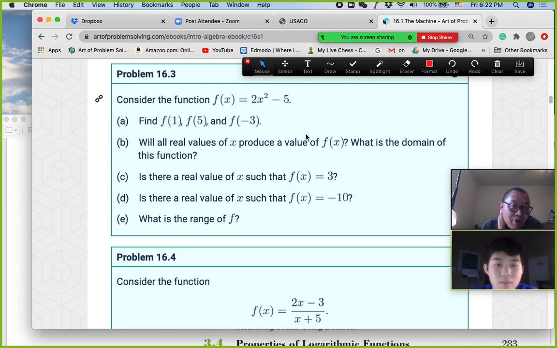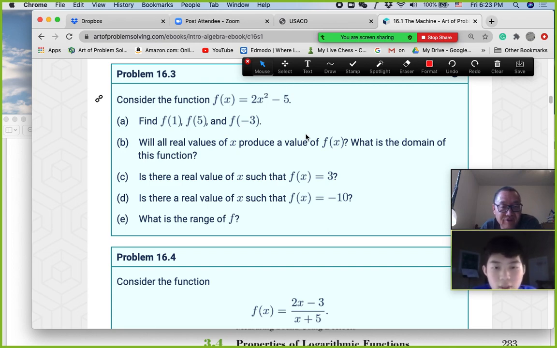So let's do it one by one. A. Find f of 1, f of 5, f of negative 3. f of 1 is negative 3. Yes. f of 5 is 45. Yes. f of negative 3 is 13.